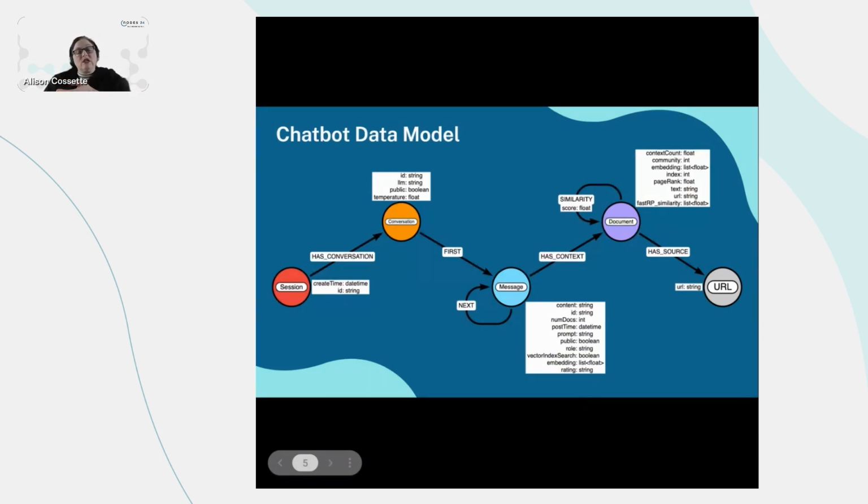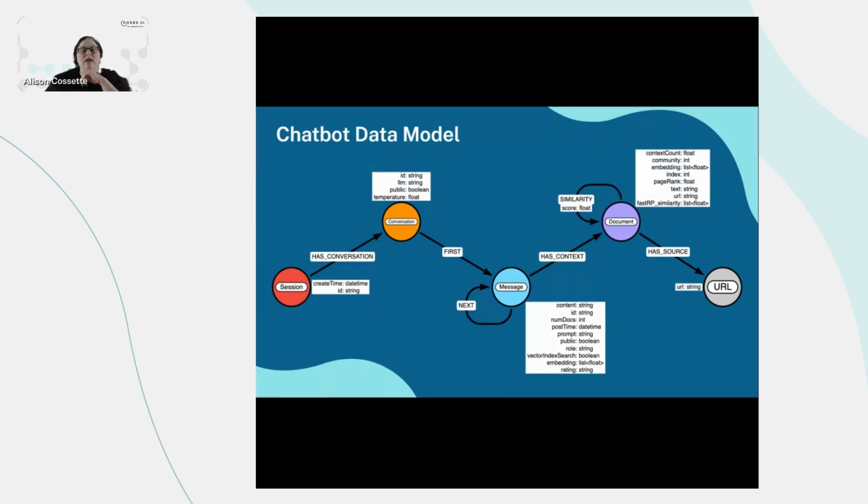We have the conversation within that session, and then we have the message. So in this case, message means prompt or response. And we see that from one message to the next message, we have a relationship next. And among the documents, we also have similarity. So we'll talk a little bit about where similarity comes into play.